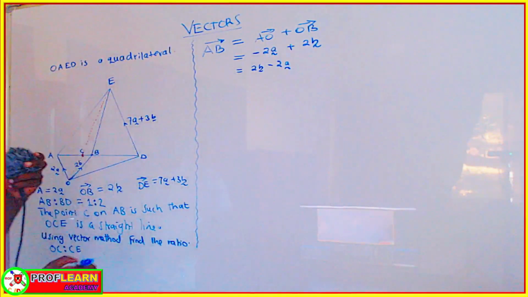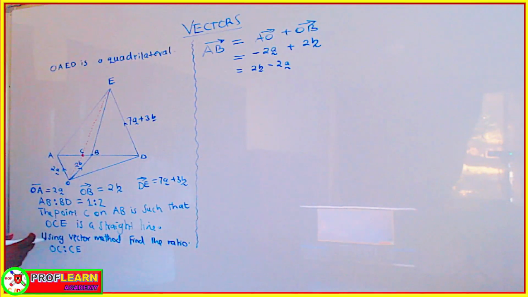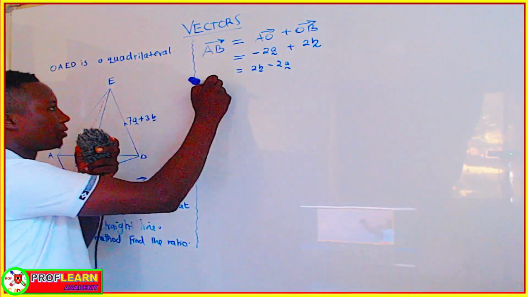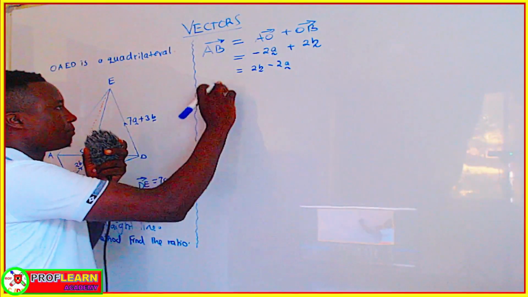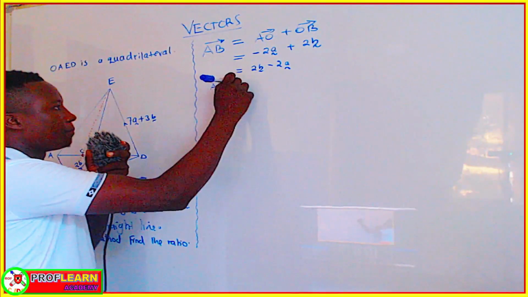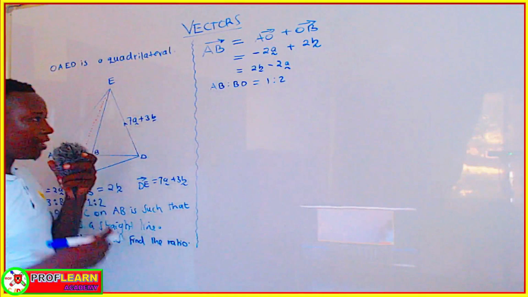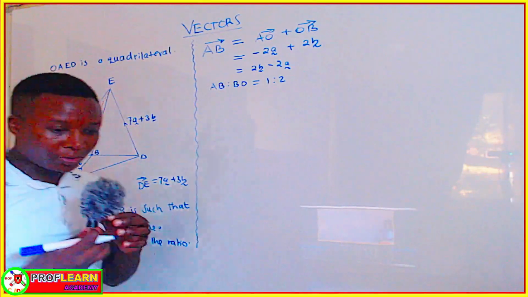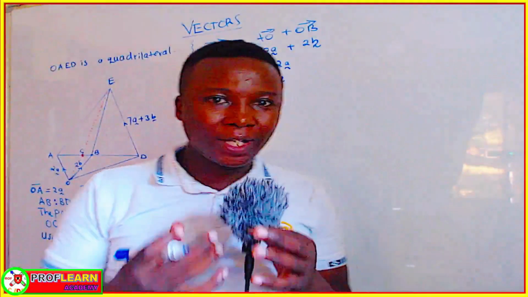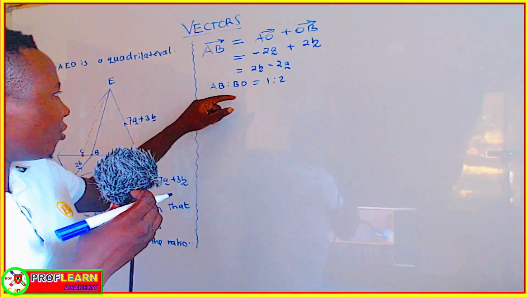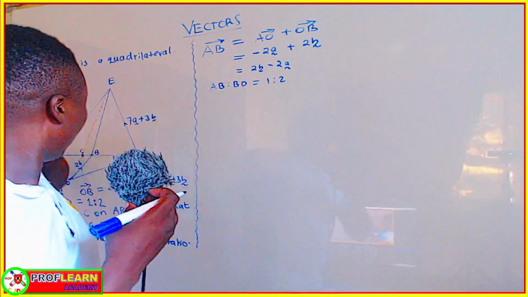That is our AB. But we are told that AB:BD is 1:2. This one is provided so that we can find what BD is. The reason you are given this is to enable you to know what BD is, because we have AB.